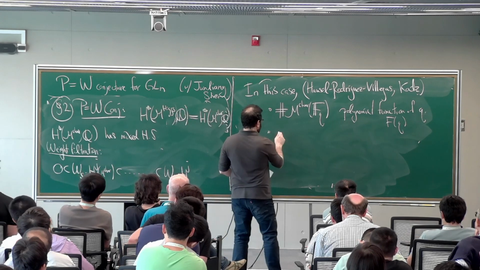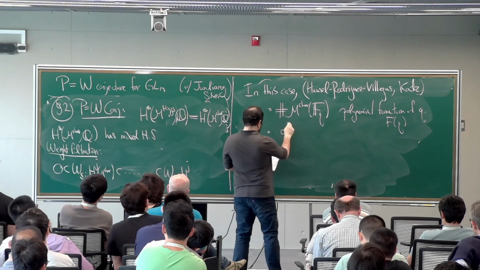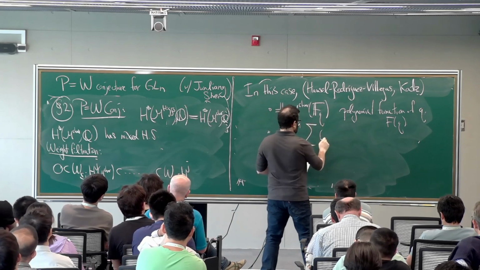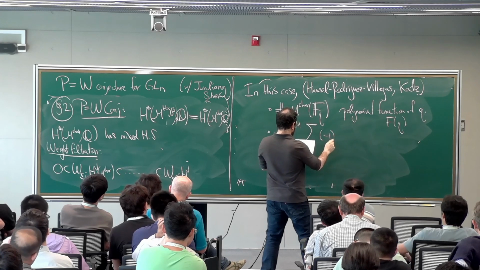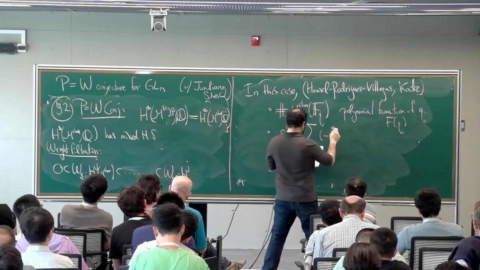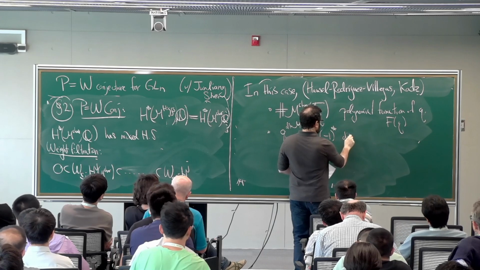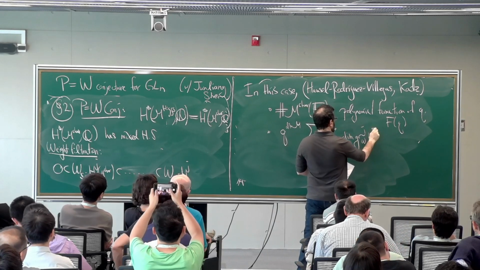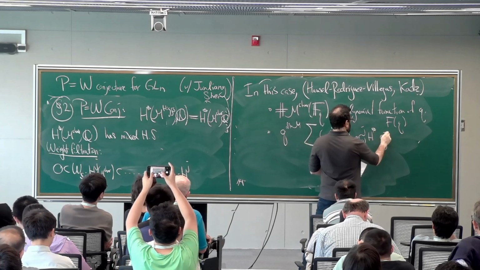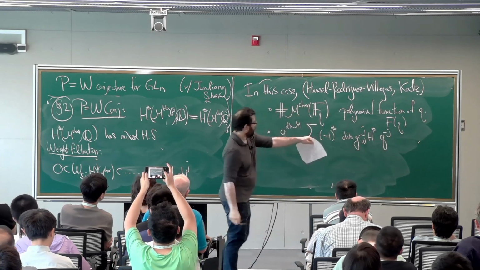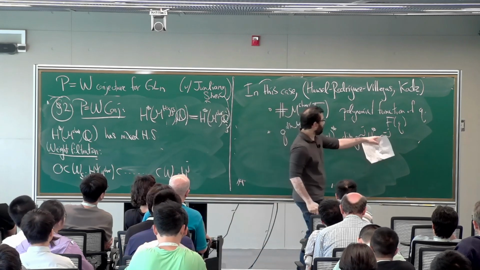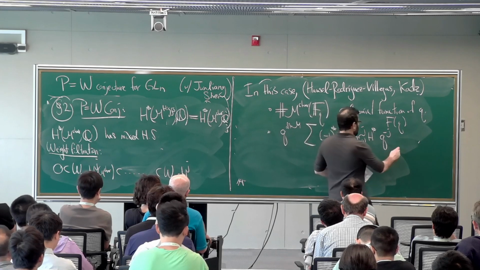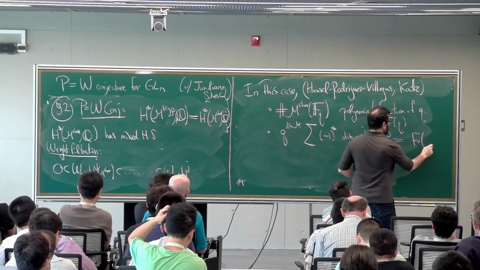More precisely, if I take q to the dimension, hold on a second. I have to switch from q to q inverse because I'm not doing compactly supported cohomology. This is equal to f of q.